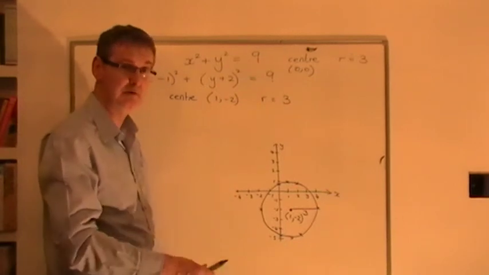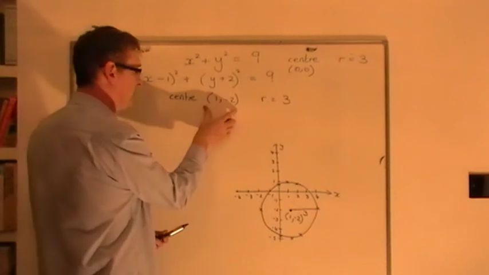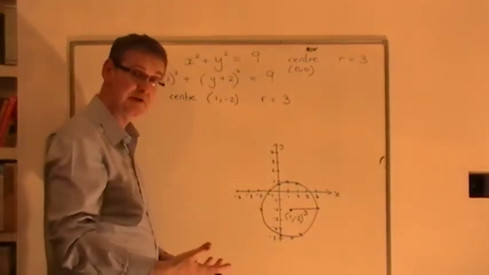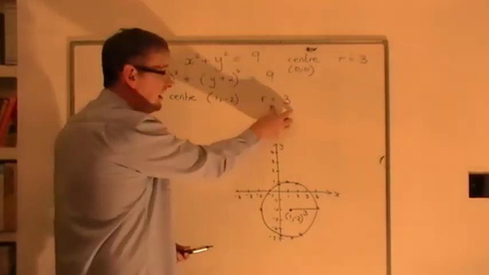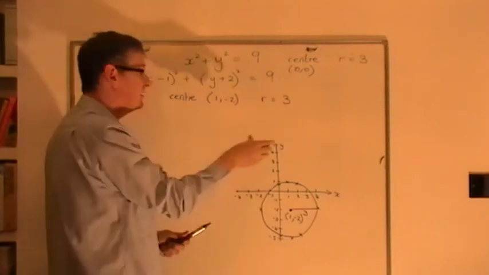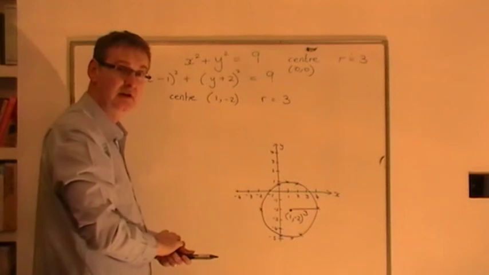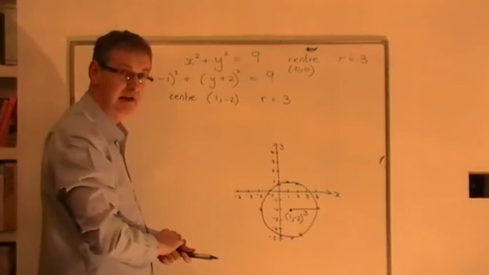What you need to know is, if that's the equation, then you need to know that the centre is that and the radius is that. You also may need to know in certain questions, if the centre of the circle is given as that and the radius is given as that, you might need to go backwards and hence write out what the equation is, which is actually quite a straightforward concept once you get the idea.